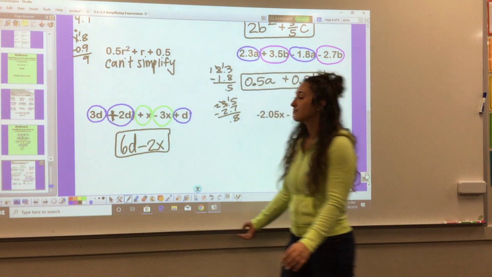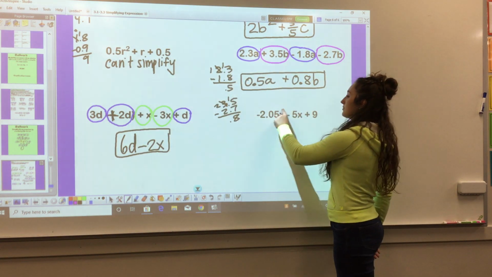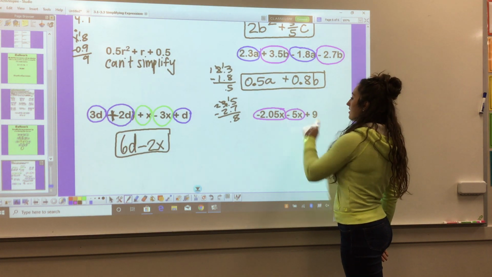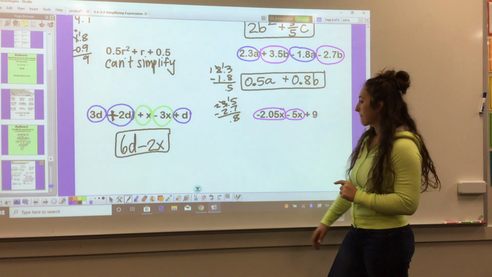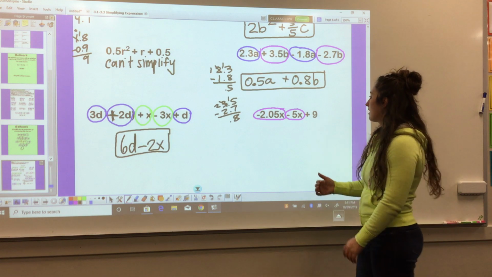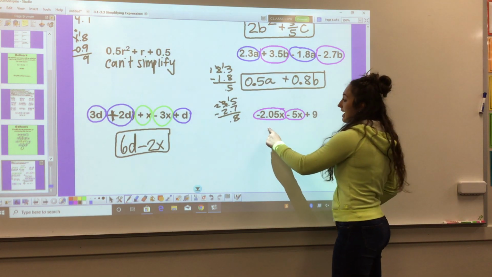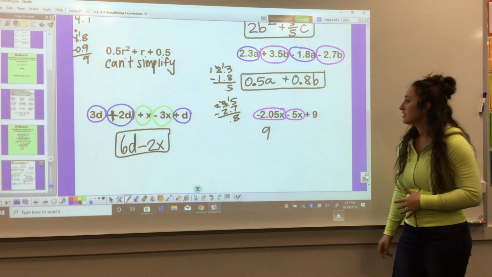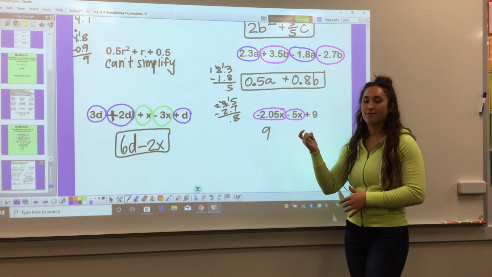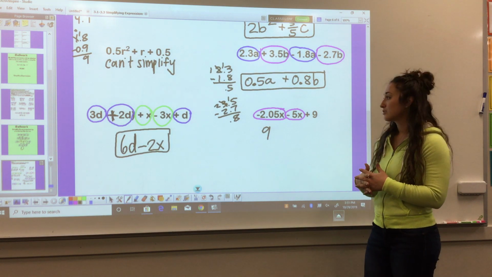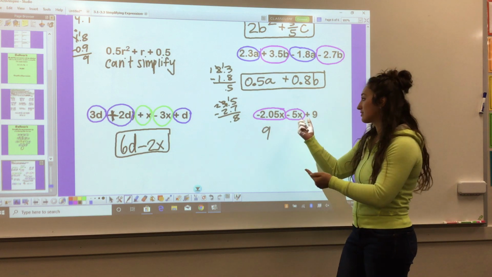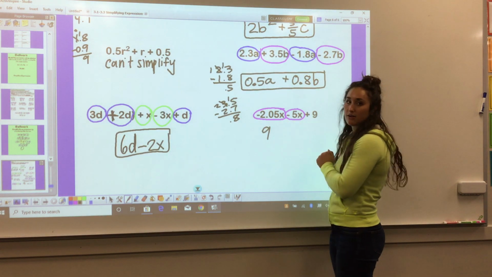And the last one, the like terms would be the negative 2.05x and the negative 5x. I'm just going to copy the 9 down first because I know I can't do anything with it. And then negative 2.05 plus negative 5. Those are the same signs, so I'm actually going to add those. 2.05 plus 5 is 7.05.